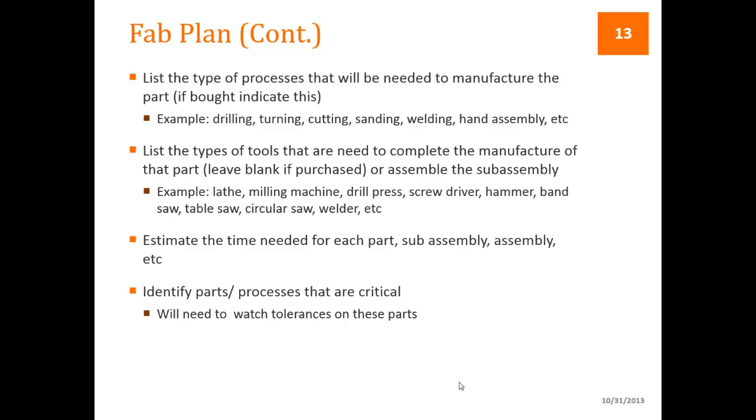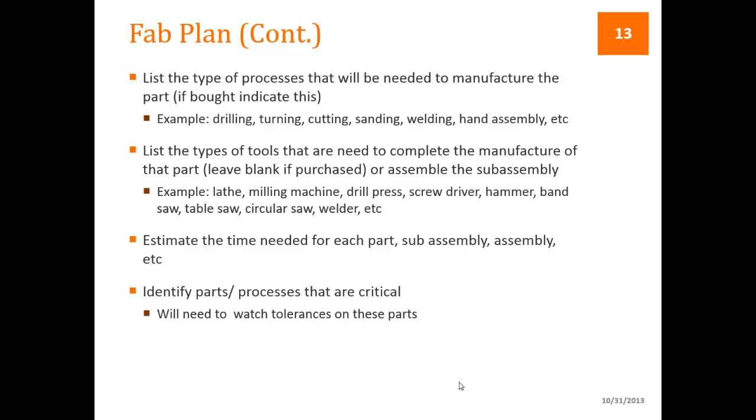Do we need a lathe? Do we need a milling machine, a drill press, a screwdriver? Are we using a hand tool, or are we using an electric screwdriver? Is it a bandsaw or a table saw? Is it a little hand saw? These are the types of things we're doing. Now the reason we're listing this is that it's going to dictate who and where these parts can be made, right?